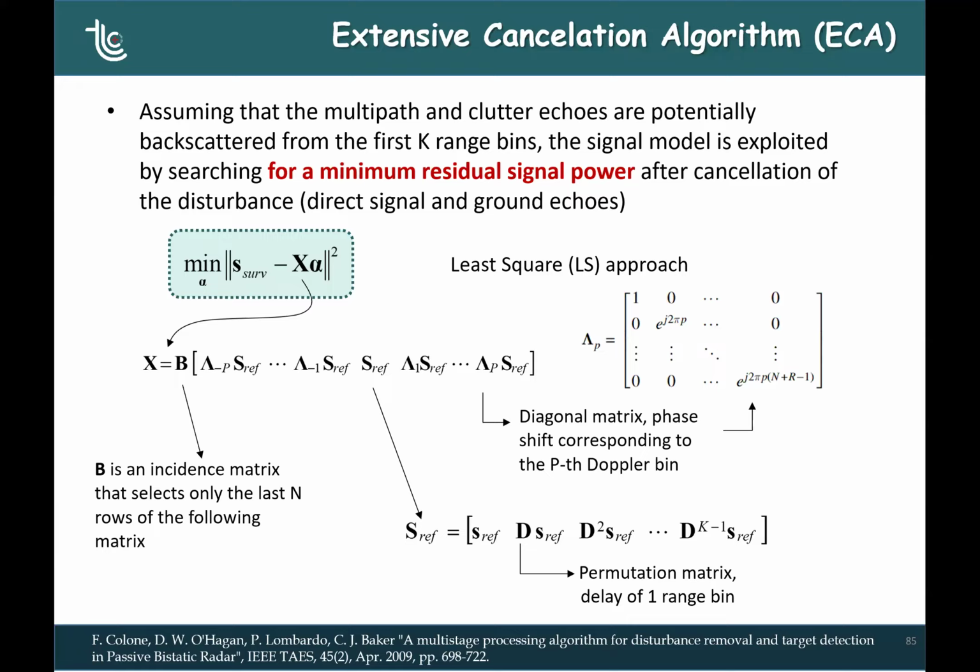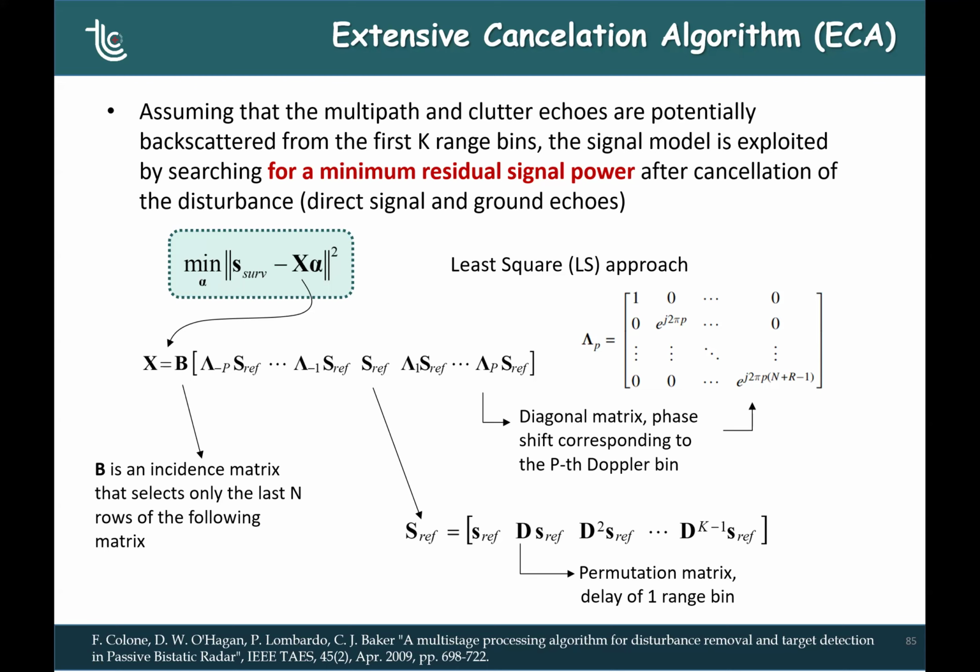This is the matrix S ref. Now there is also lambda minus p, lambda minus p plus 1, lambda minus 1, and so on. This matrix is diagonal and it introduces some Doppler shift in the signal S ref.